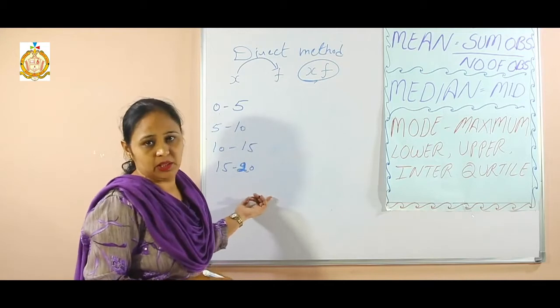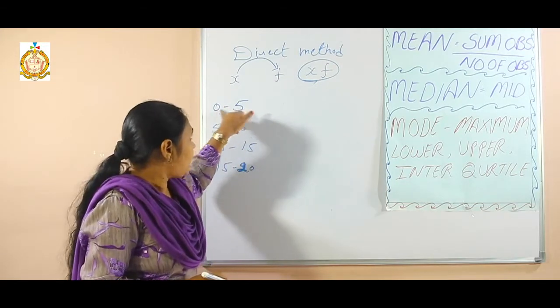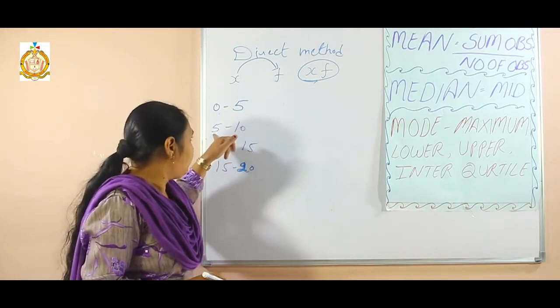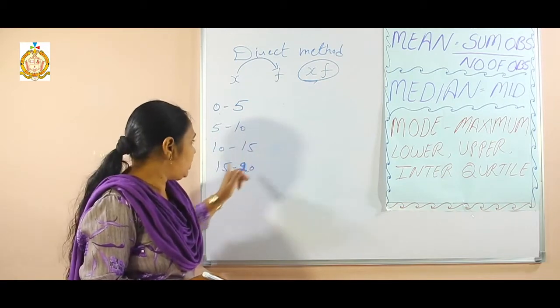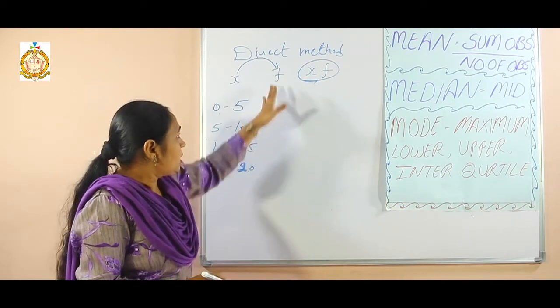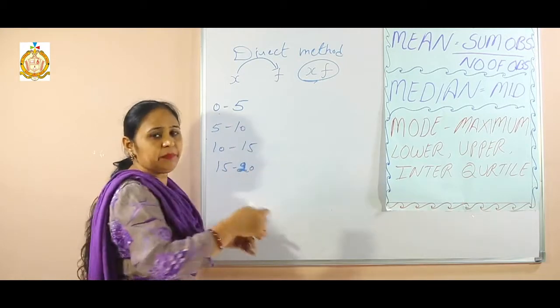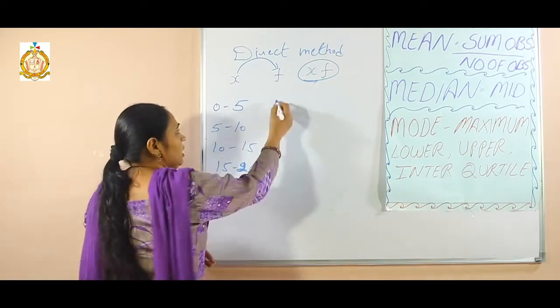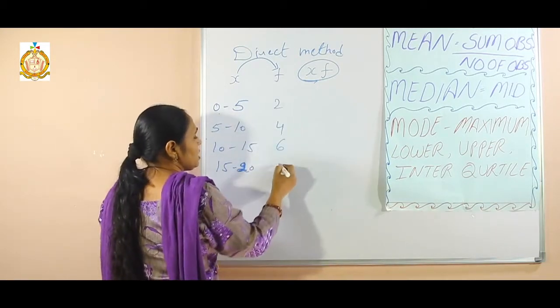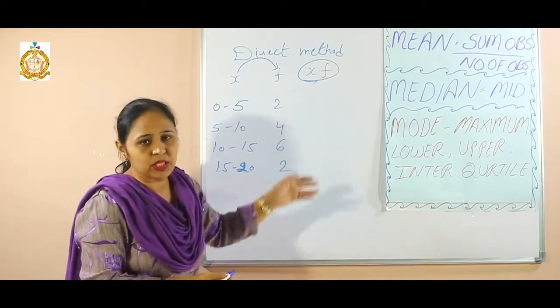This is grouped data. That means values lie between 0 to 5, between 5 to 10, then 10 to 15, 15 to 20. Then frequencies again can decrease or increase, any frequency can be there. There is 2, there is 4, there is 6, there is 2 again.